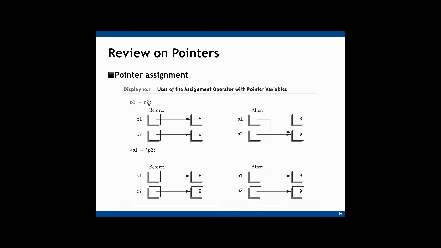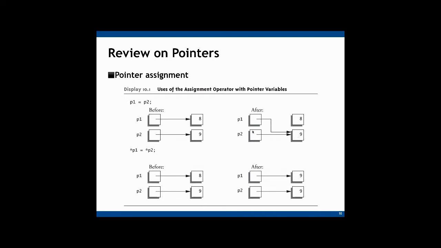So after these assignments without asterisk, P1 is pointing to the memory location where P2 points to. So it changes to this. So after this, P1 and P2 are pointing to the same memory location.